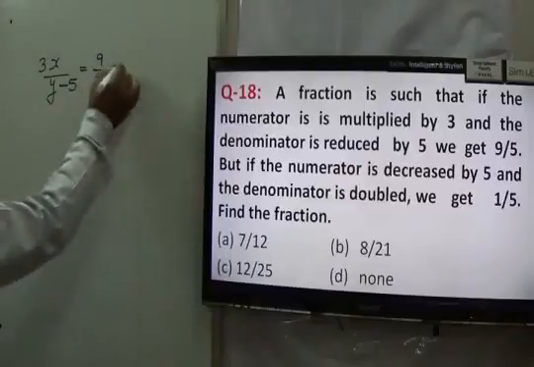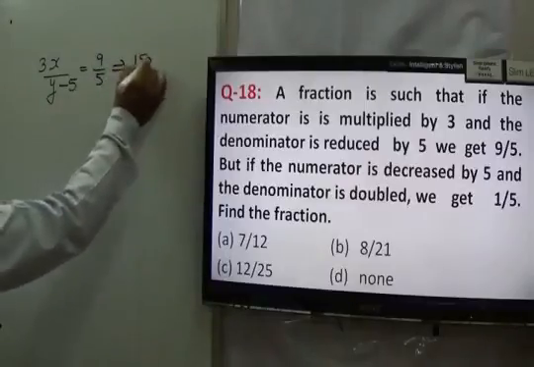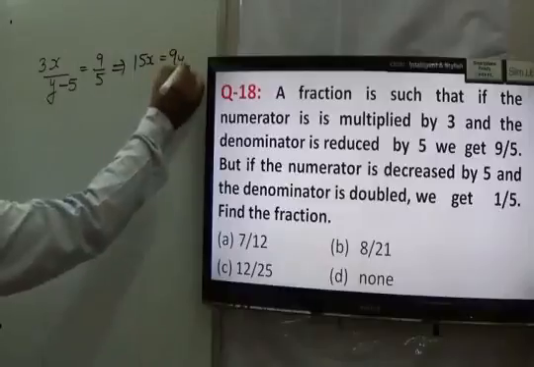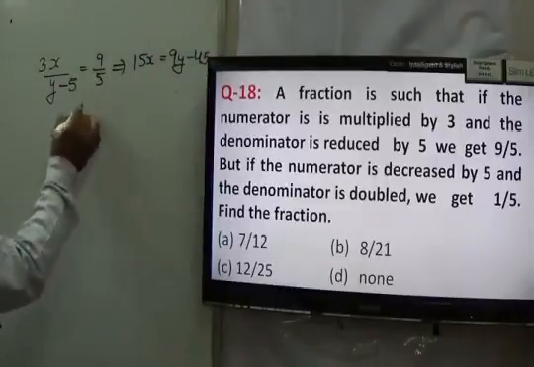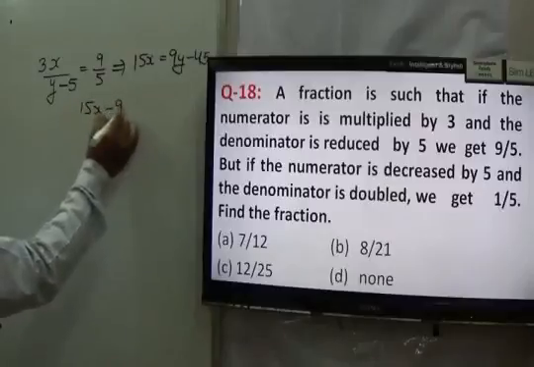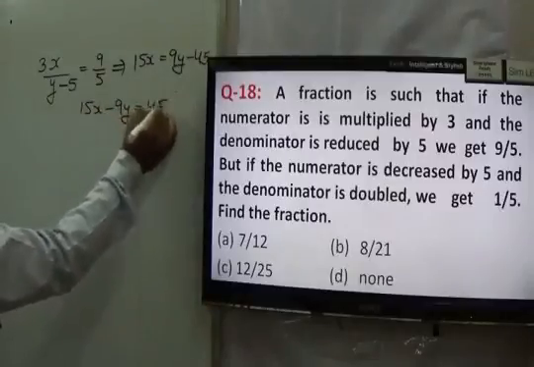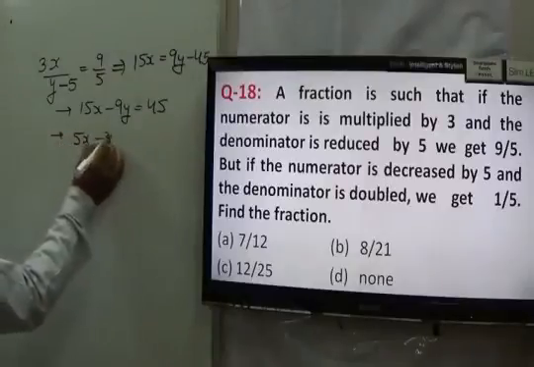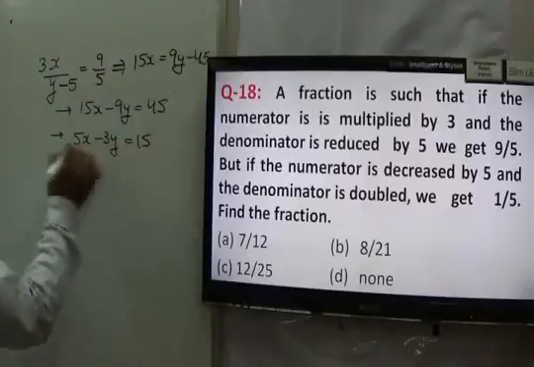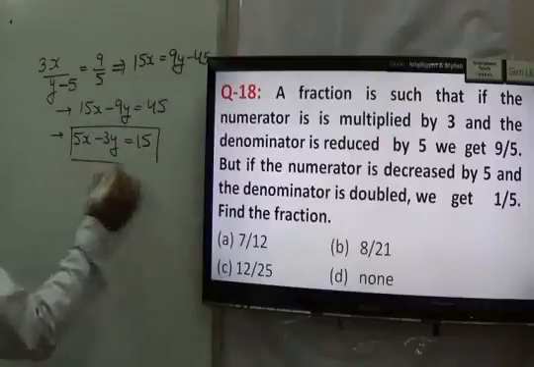From here I can infer an equation, that is 15x equals 9y minus 45. Or else I can say 15x minus 9y equals 45. 3 would be taken as common, so I may take it as 5x minus 3y equals 15. That's my equation number 1.